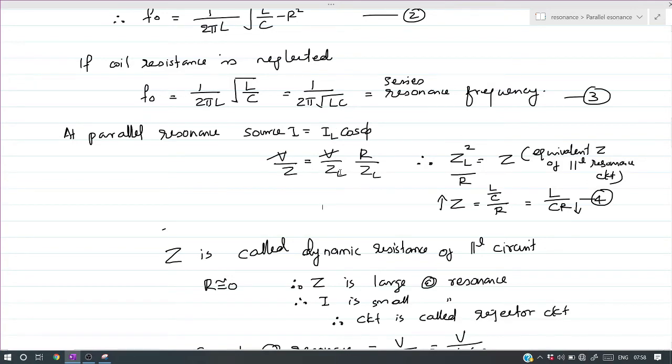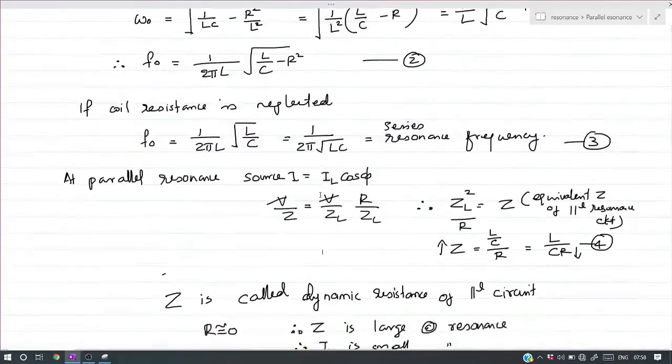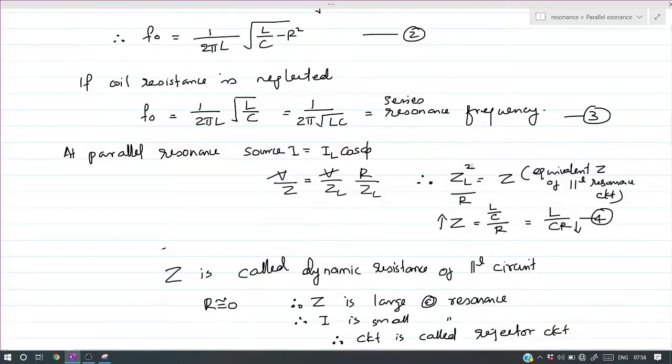IL is V divided by ZL and cos phi is R by ZL. So after simplifying, we can obtain this expression: ZL square divided by R is equal to Z, where Z is known as the equivalent impedance of the parallel resonance circuit, or it is also known as the dynamic resistance of the parallel circuit. So this is the expression: Z is equal to ZL square divided by R.